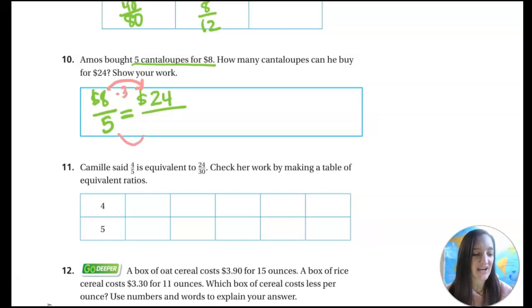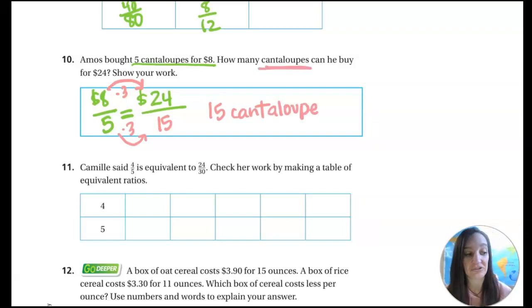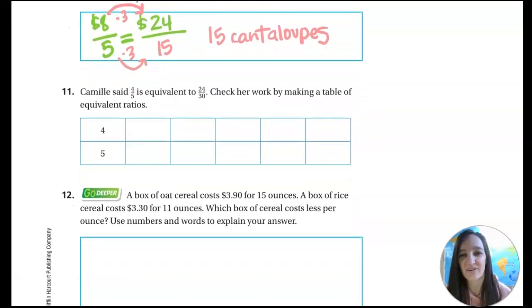We're spending 3 times the amount of money, so I'll get 3 times the amount of cantaloupe, won't I? So I will be able to get 15 cantaloupe. I made sure to spell that correctly. Totally cheated because I don't know if I could have spelled it correctly. 15 cantaloupes.